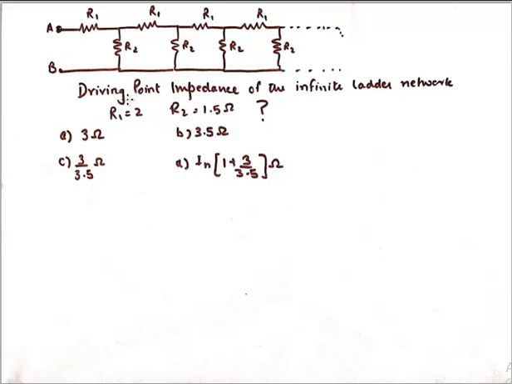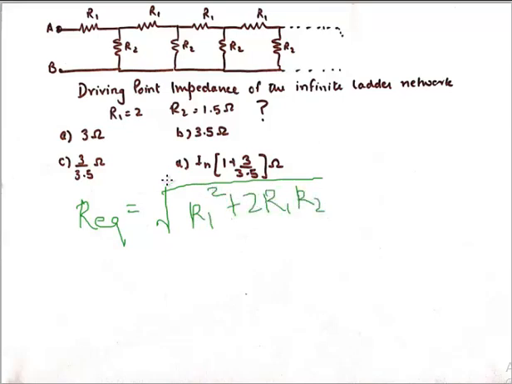If you ever encounter an infinite ladder network and you need to find the driving point impedance of this network, you can simply commit to memory a formula: the equivalent resistance of such a network is the square root of r1 square plus 2 times r1 r2, where r1 is the resistance appearing in the series arm.